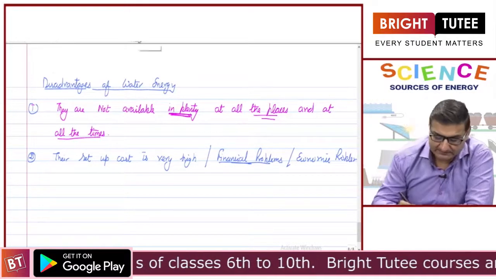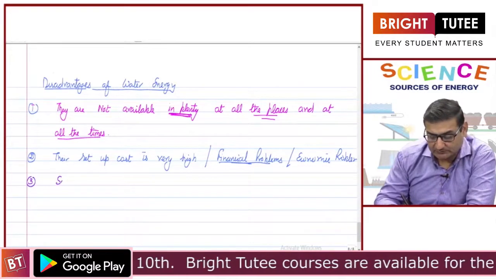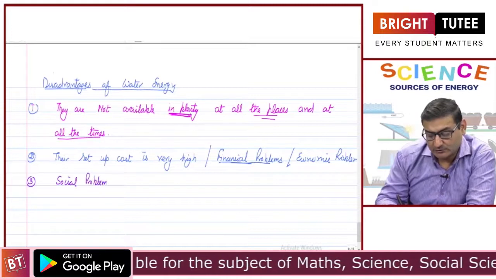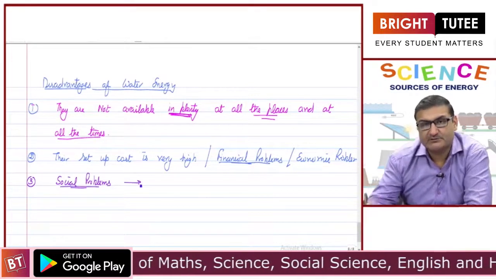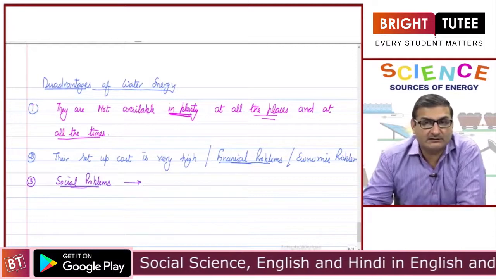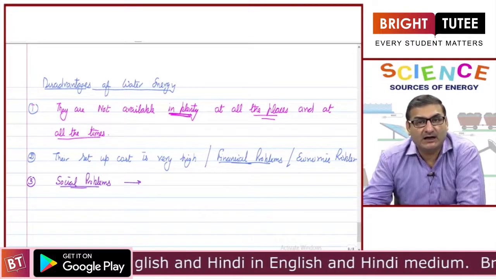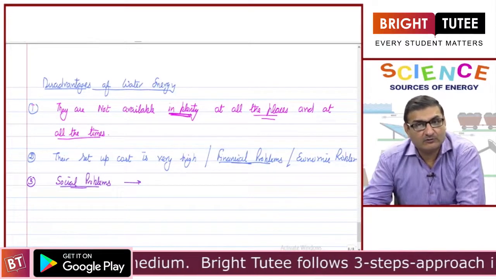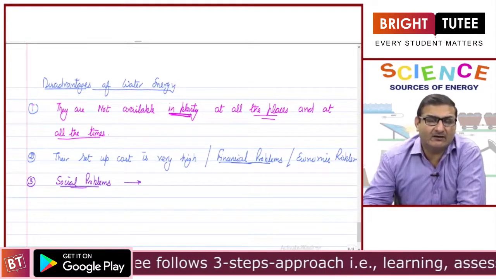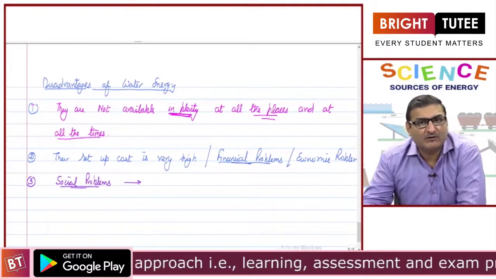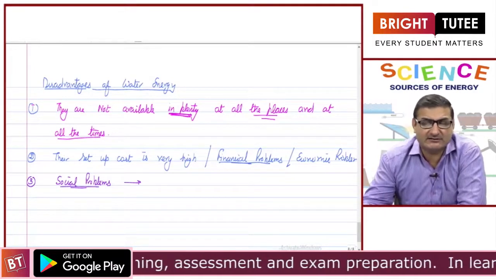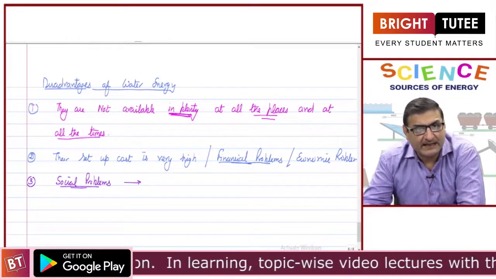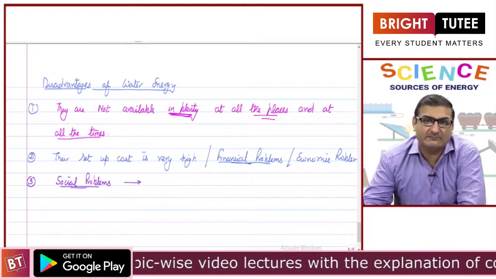Not only this, there are another problems, social problems. Now in social problems we have various problems. Why? Because for the construction of a dam we need a large area, a very large area. So almost all the rivers in India or in any place we find that all the villages or all the habitations or civilizations, they have always been formed near the rivers, and on these rivers only we are going to form dams.